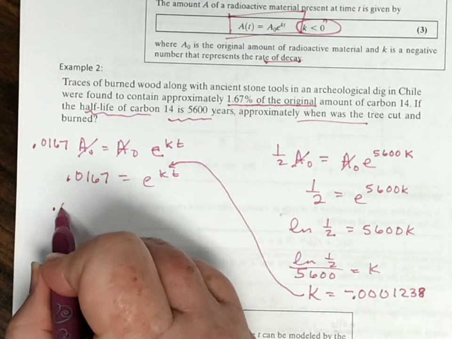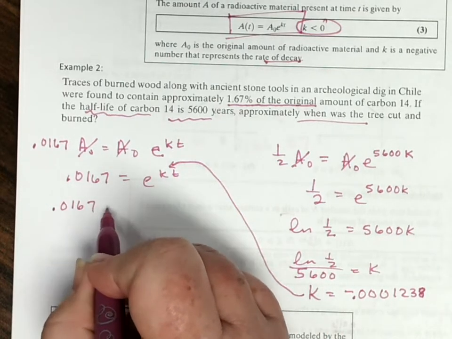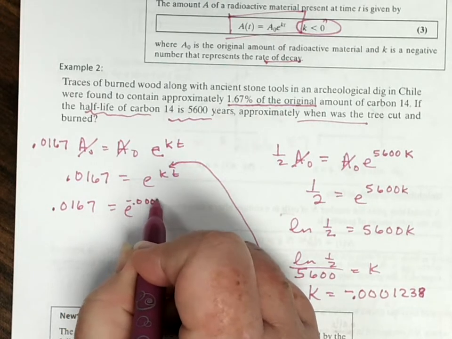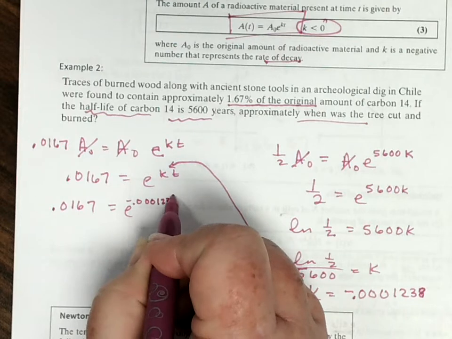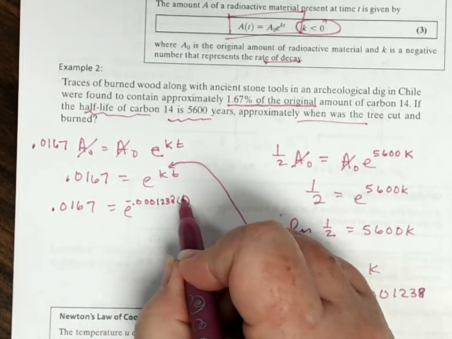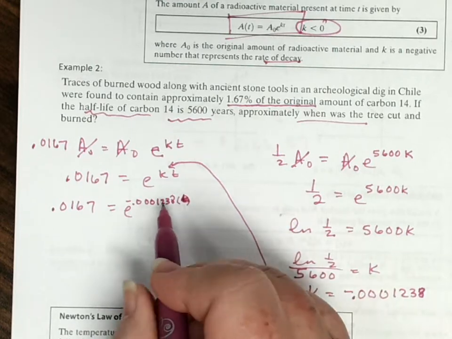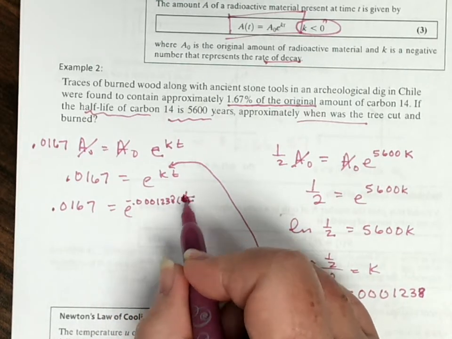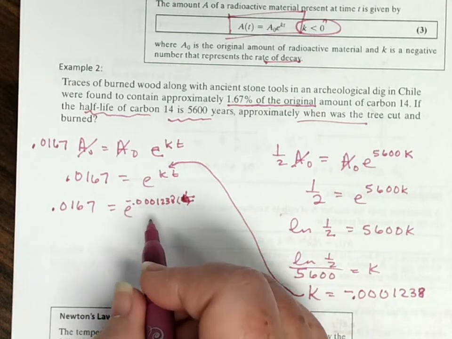Now I'm just going to write it, round it off, as e to the -0.0001238 times t. But I'm going to actually use my calculator and the capture function instead of typing in that number. Oh, that's a t right there. Sorry, that got to be a mess. How do I solve?